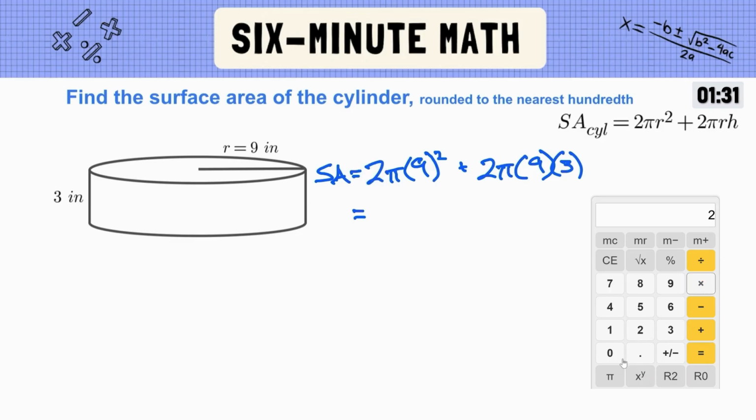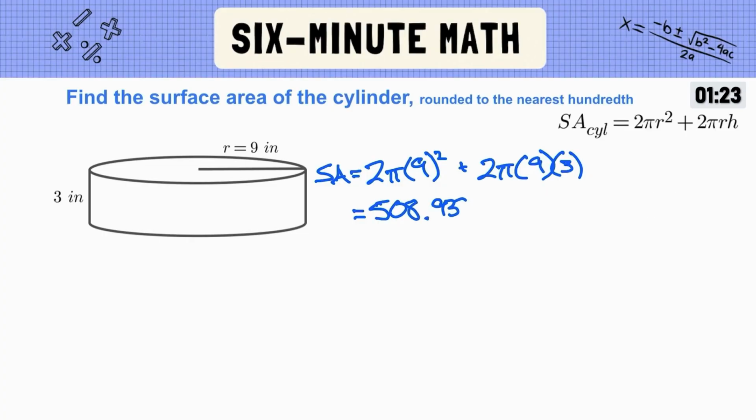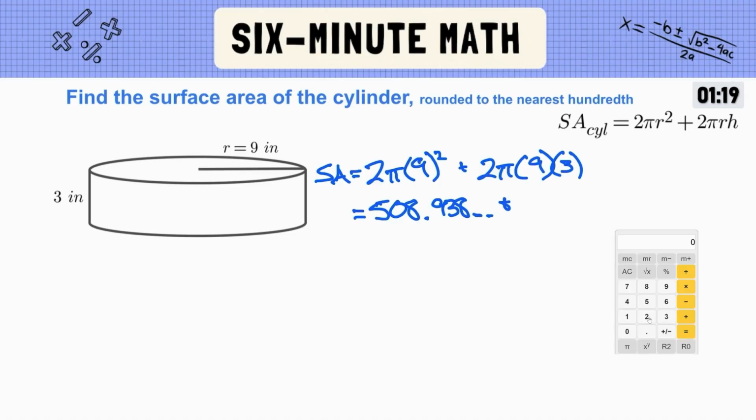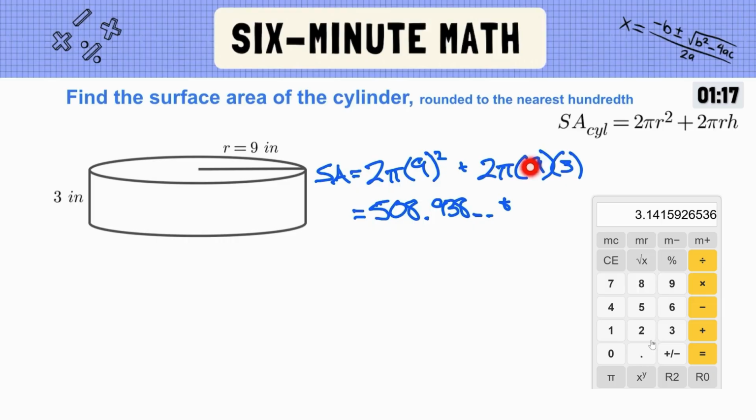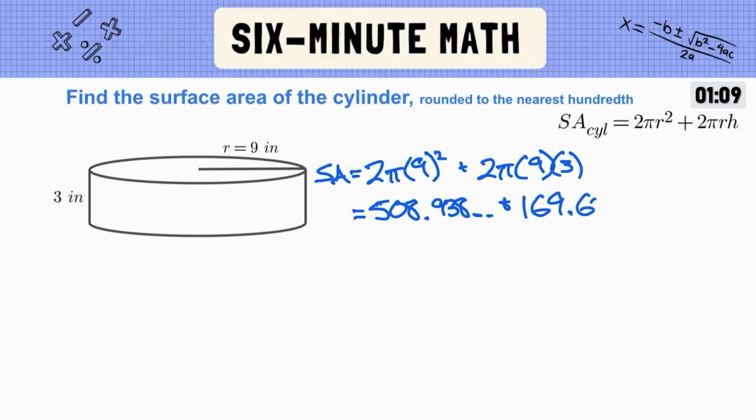So 2 times pi times 81 is 508.938 plus 2 times pi times 9 times 3 is 169.646.